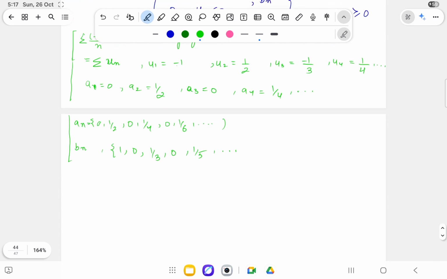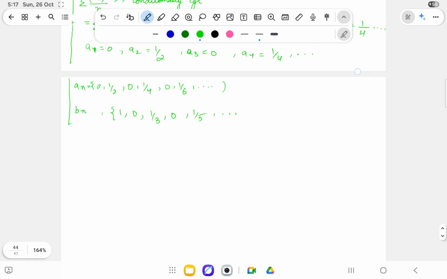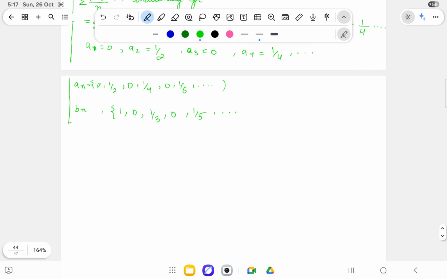Now if you observe the way we have defined an and bn, both of these are basically series of non-negative terms, because the terms are either positive or equal to 0.